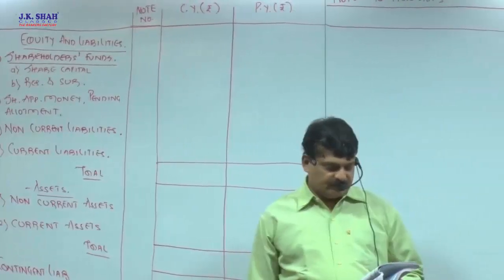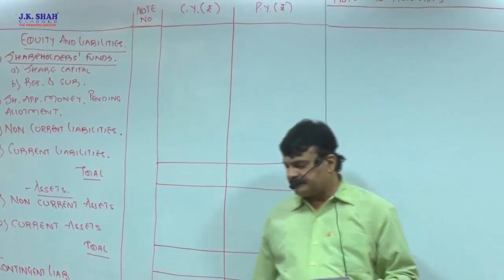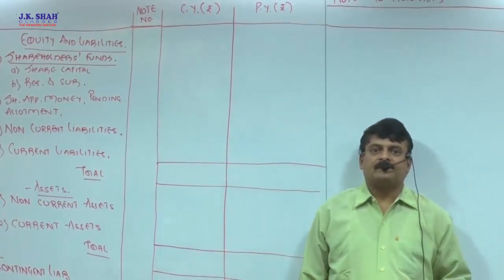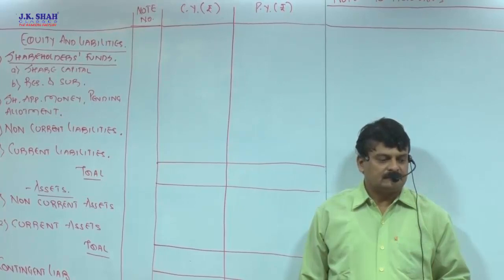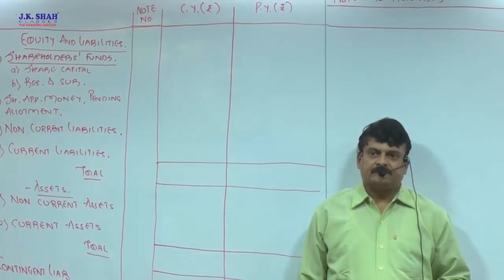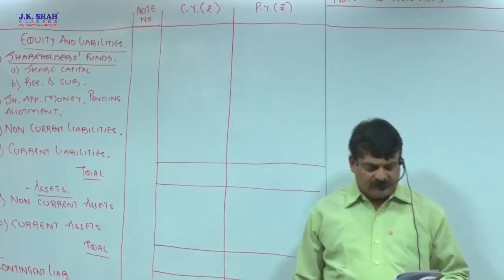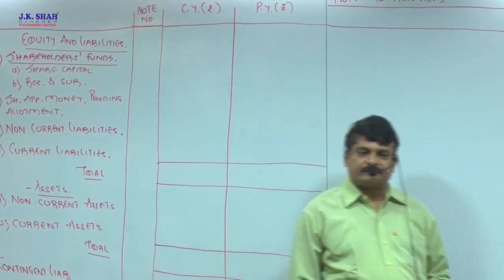D, long-term loans and advances. E, other non-current assets.